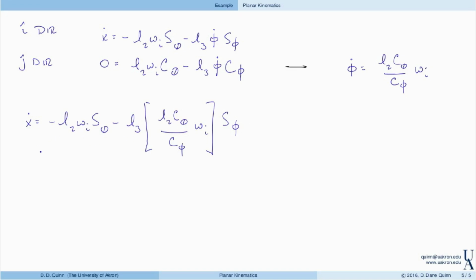So we can actually manipulate this a little bit to come up with a couple of different expressions. Right? In particular, let's clear the denominator and write this as a simple fraction.